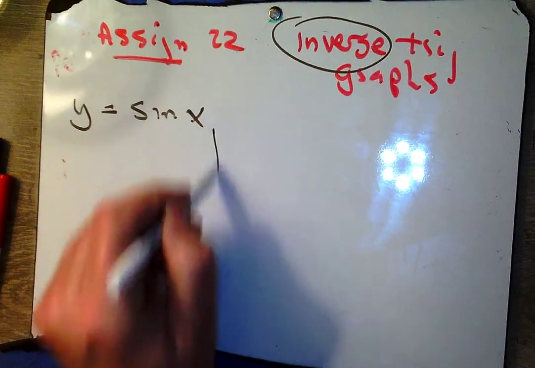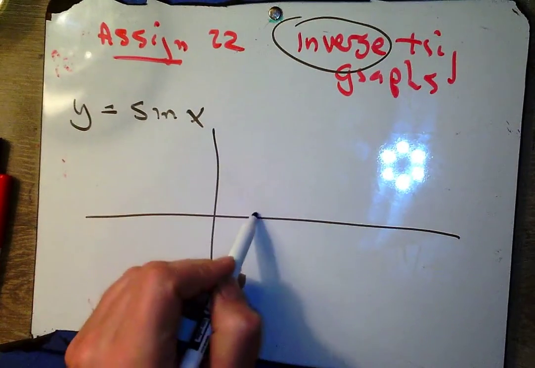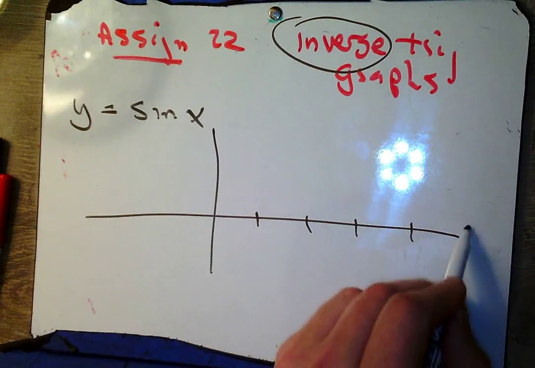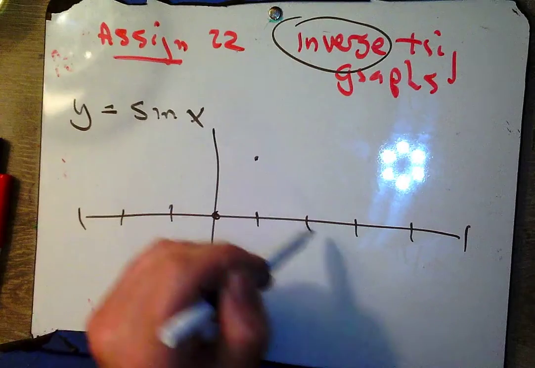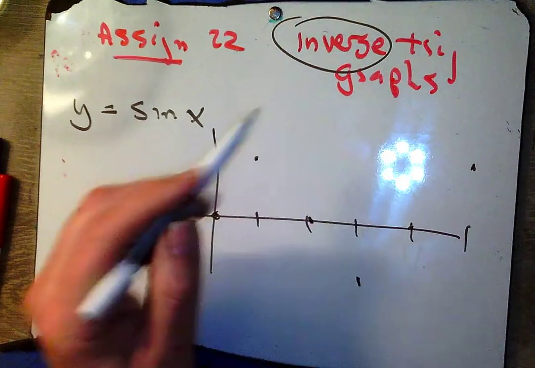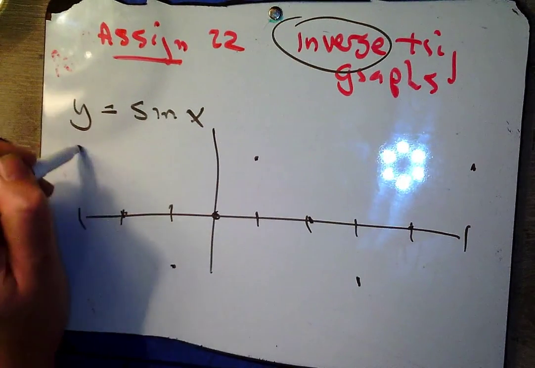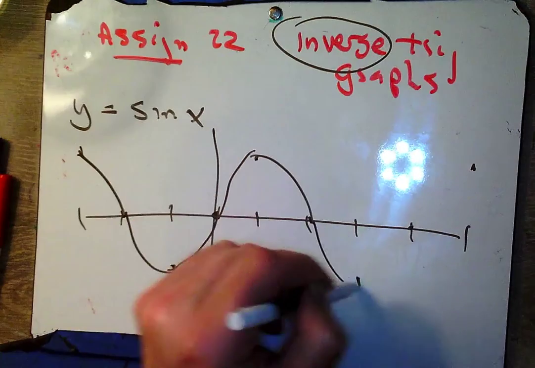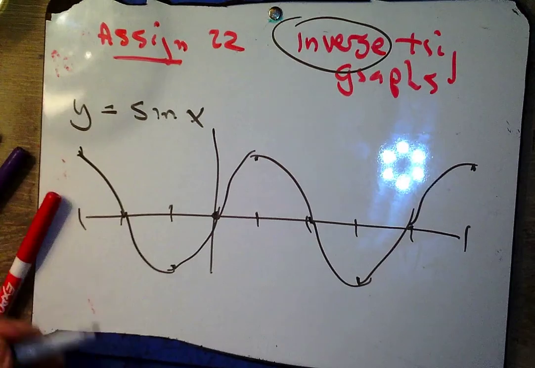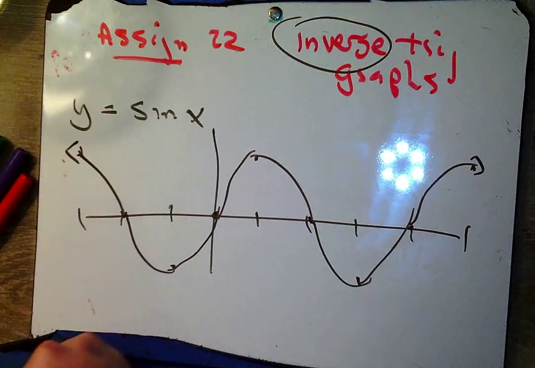Y equals sine x. Sine x. We know the domain of sine x is negative infinity to infinity. This graph keeps going forever.